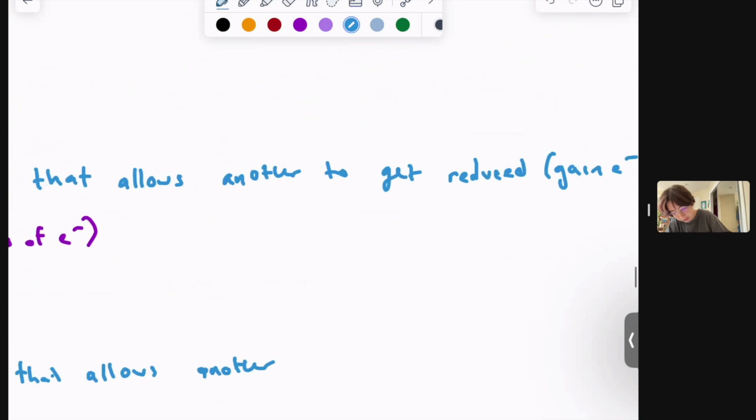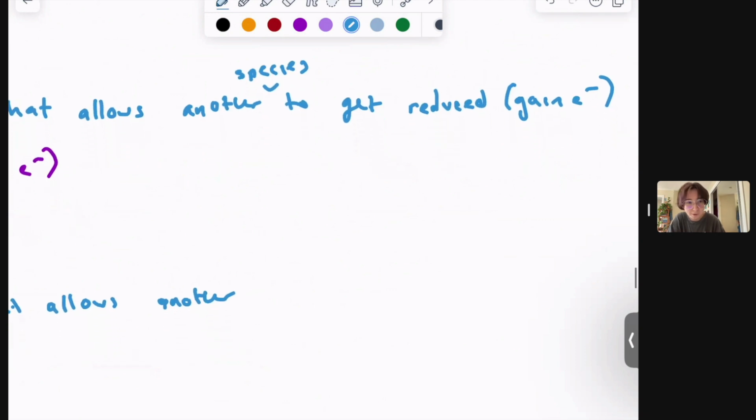Definitely meant to write species up here, my bad. And species is just a vague word we say to refer to any chemical. It could be an element, it could be an ion, it could be something, you know, like species.